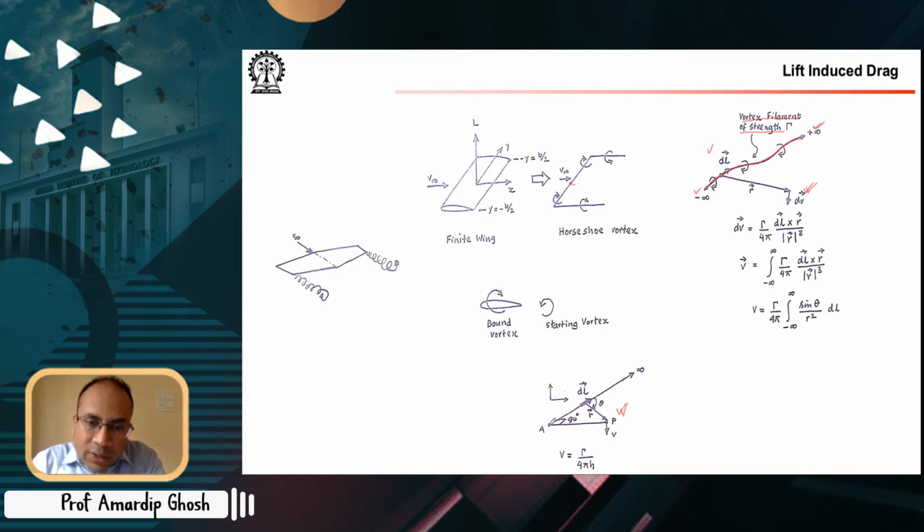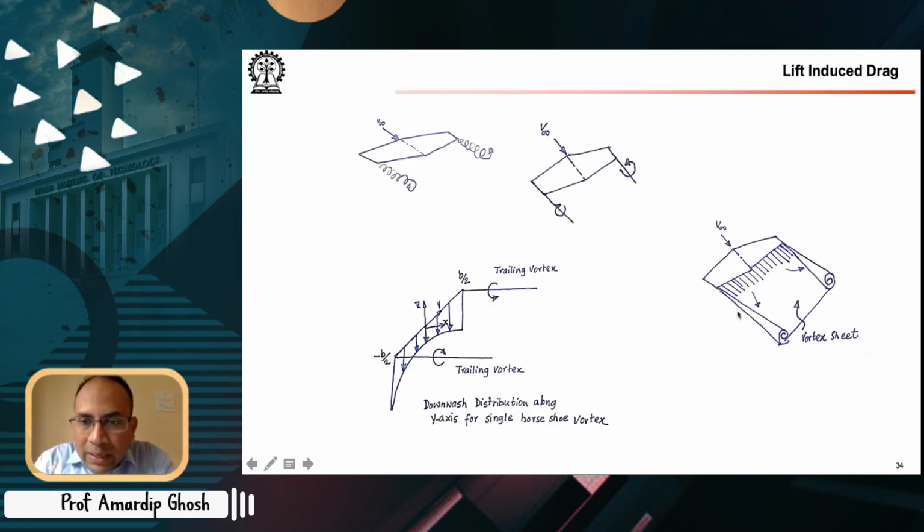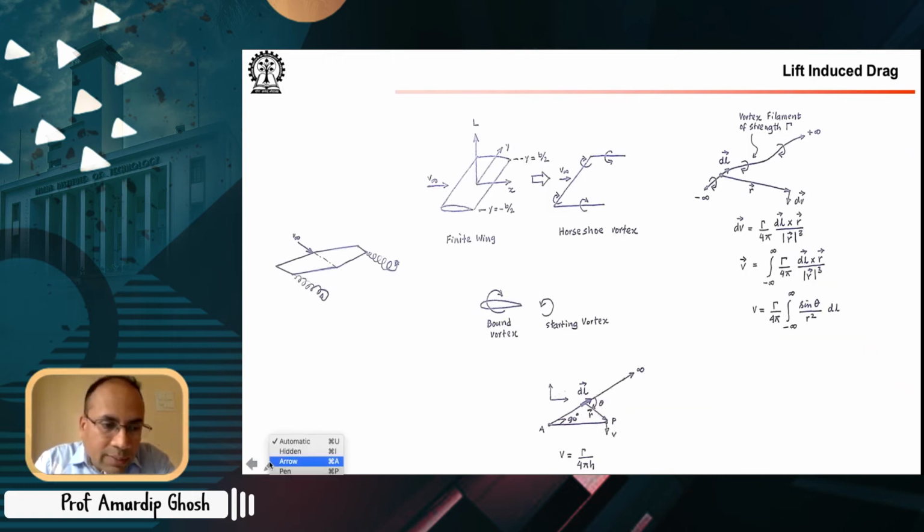On the other hand, here I am interested to find the velocity field induced by this straight line vortex filament. Of course, in this case, we have multiple straight line vortex filaments. So what becomes more useful for us is to look at a semi-infinite straight line vortex filament extending from A to infinity.